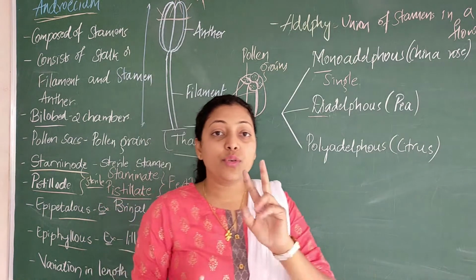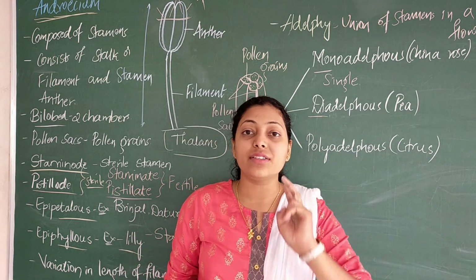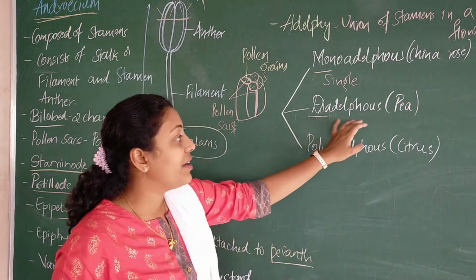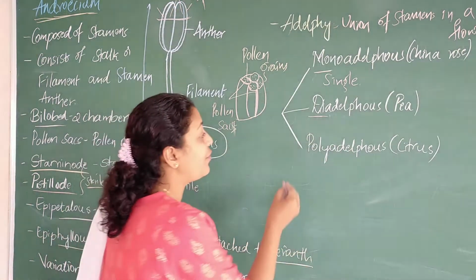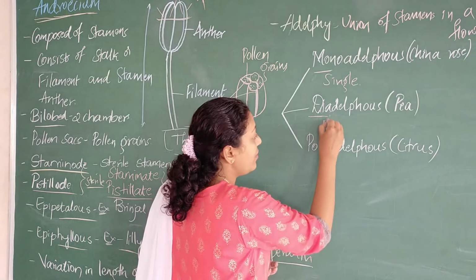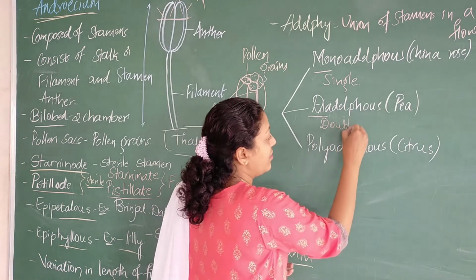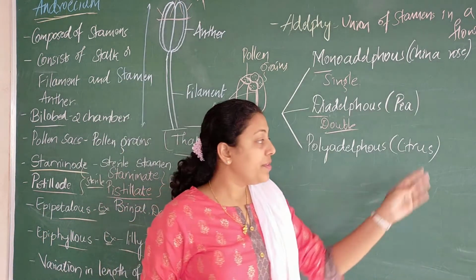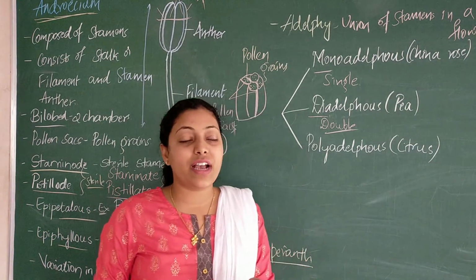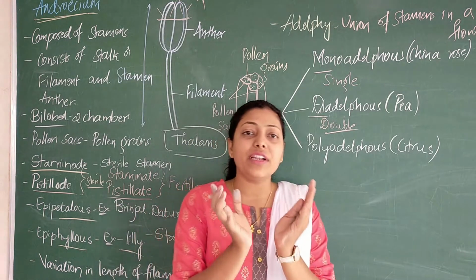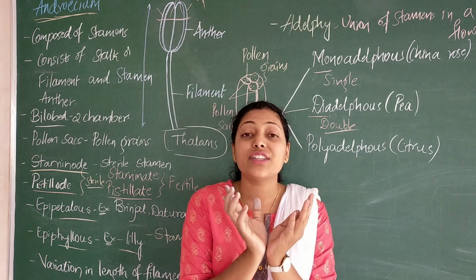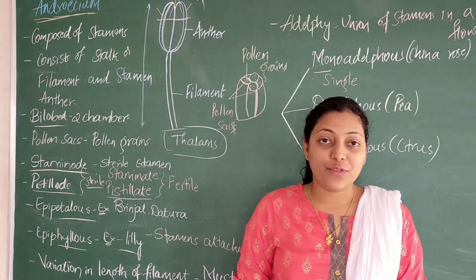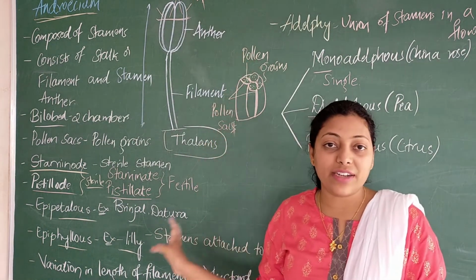Diadelphous is when two bundles of stamens are joined together, and it is found in the pea plant. Then polyadelphous, for example citrus. In citrus flowers, many bunches of stamens are joined together, and that condition is called polyadelphous. This is all about androecium.